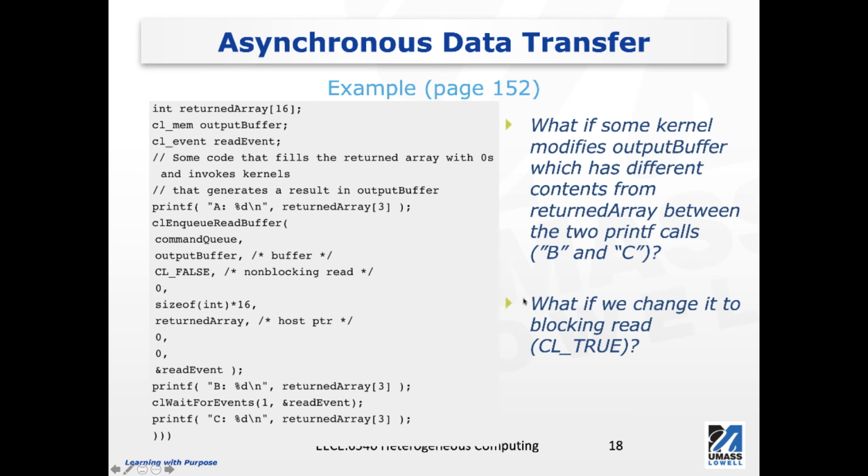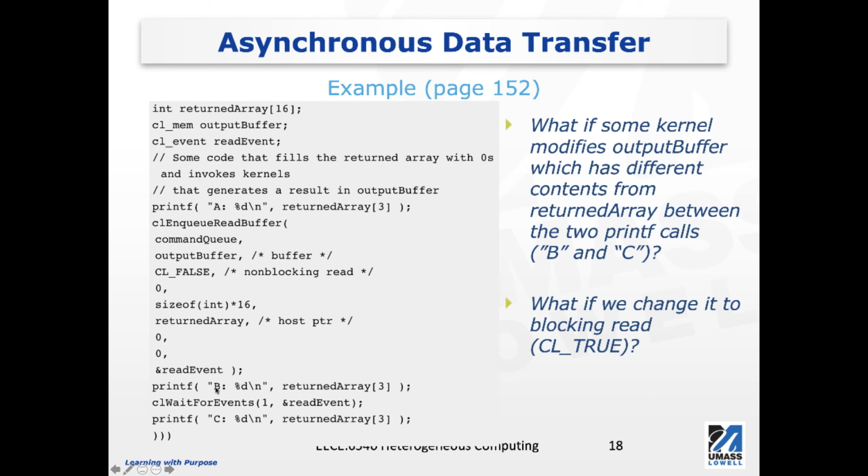Now, if we ask you the second question, let's change this blocking flag from CL_FALSE to CL_TRUE. If we change this to CL_TRUE, that means we are making this enqueue read buffer a blocking read. A blocking read will not return until this read operation is completed, which means that this printf will not be executed while this read buffer is in progress.